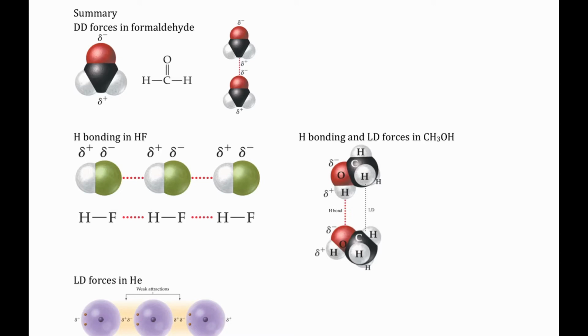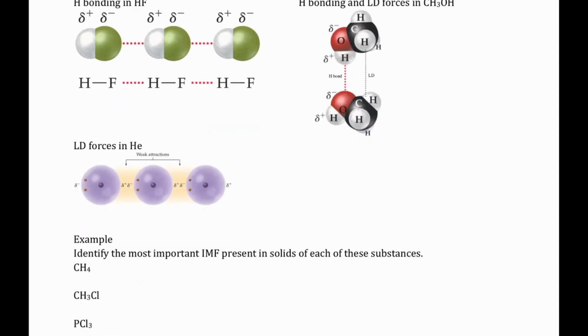So that's like the dipole-dipole force, except it's even stronger due to the small size of those atoms involved and the big electronegativity differences between H and either O, N, or F. And we call it the H bond because it's a strong one of the three IMFs. And then here we have helium as the example of the London dispersion force.